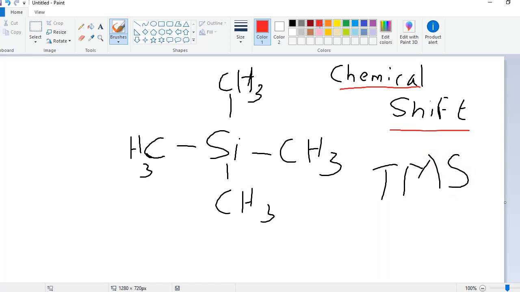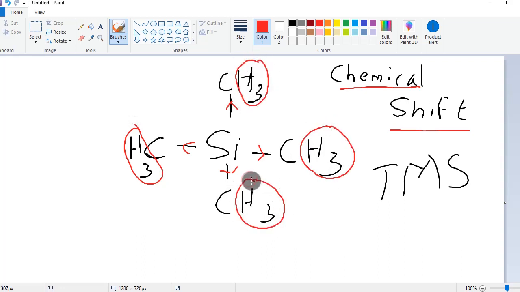If you observe, silicon is not that electronegative, so it doesn't pull the electron towards itself. As it is not pulling the electron towards itself, all the protons of tetramethylsilane are assumed to be the most shielded among the organic compounds, and since that is most shielded, this will experience the least magnetic field, because the electrons on these protons would be shielding the magnetic field which is coming.